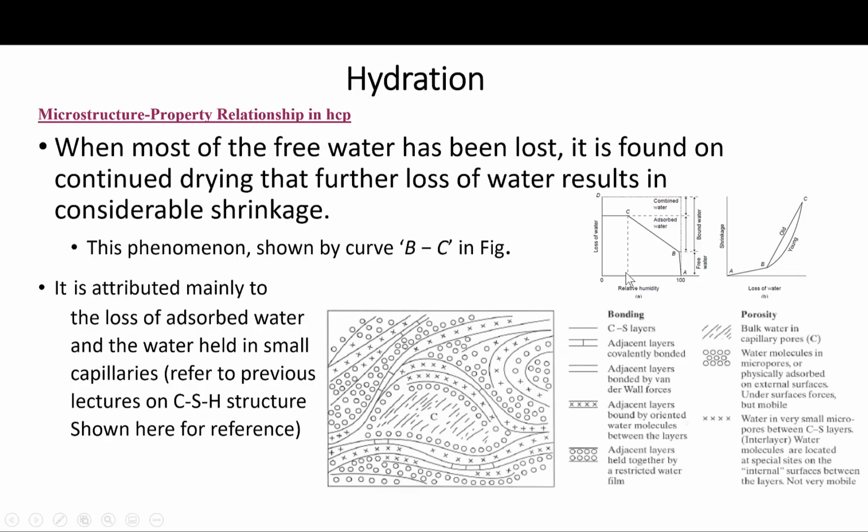The relative humidity drops, then we see a considerable amount of water lost, and again you could see the shrinkage here, how it happened. Of course, this is for old, this is for young. The difference is understood, but this just shows you the effect of relative humidity on the evaporable water.